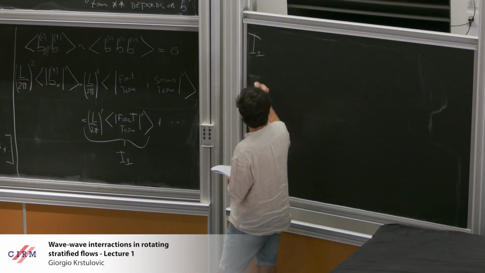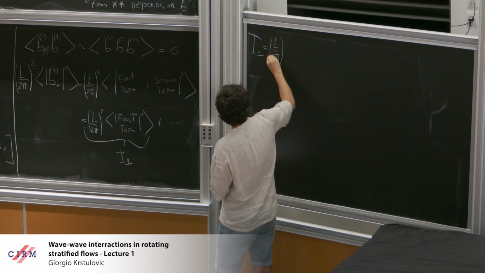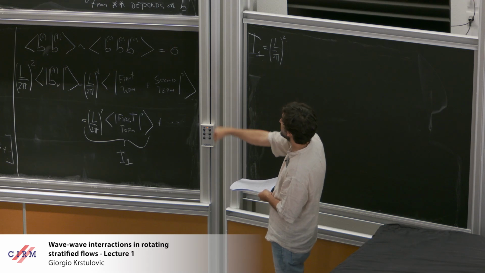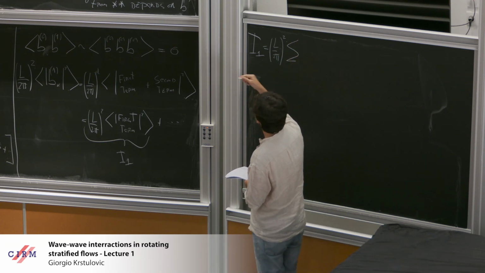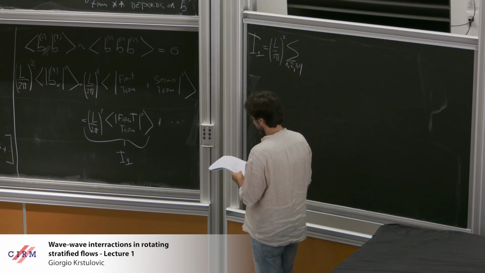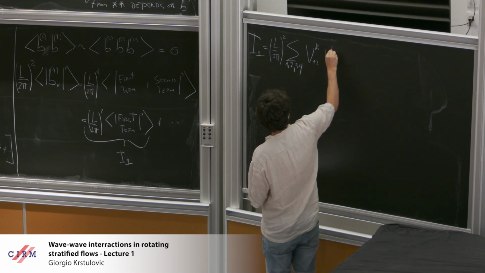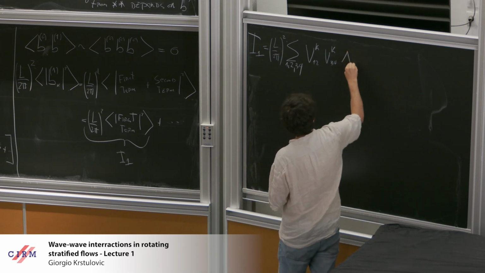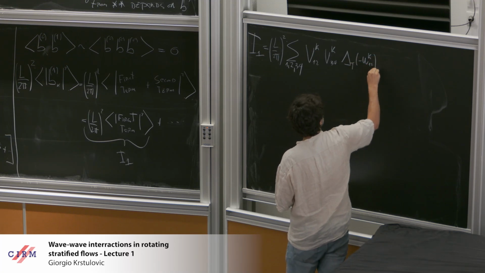So this guy, you can write it explicitly. It's a product of the formula given by 2 stars. So it's a sum over 1, 2, 3, 4, vk 1, 2, vk 3, 4. I'm just copying this guy there. Delta t minus omega k 1, 2.